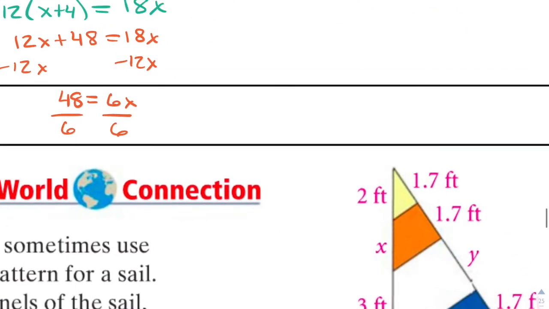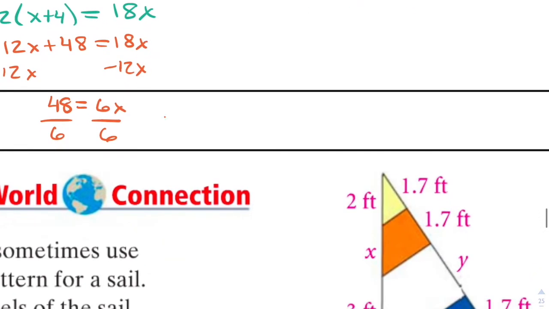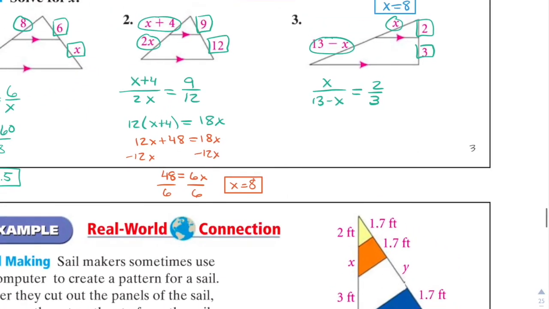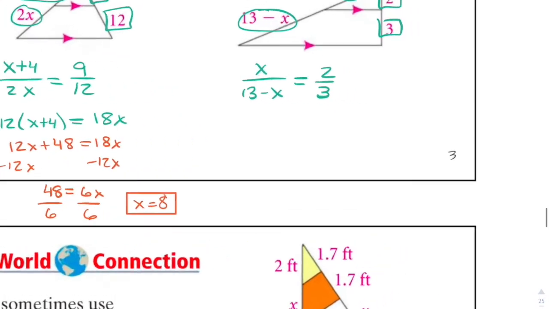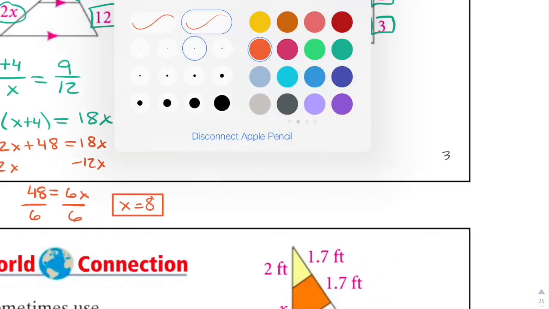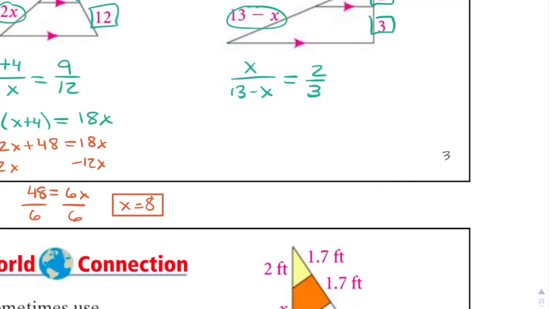Running out of room. Okay, so x equals 8. And this last one, we're going to have 2 times 13 minus x equals 3x.